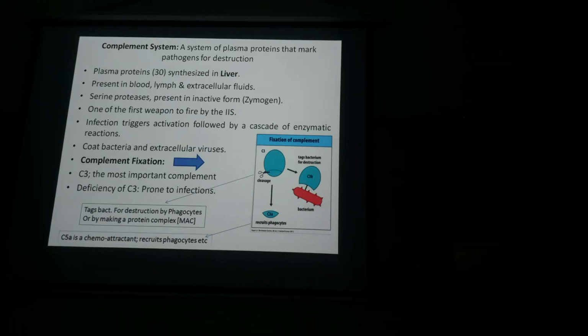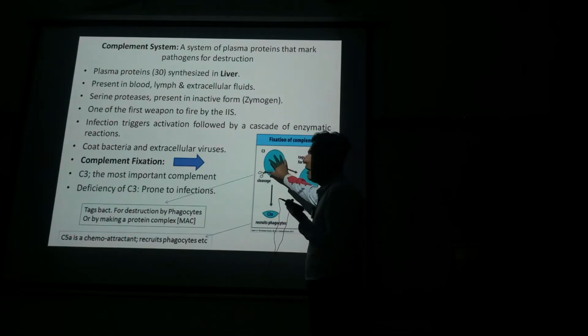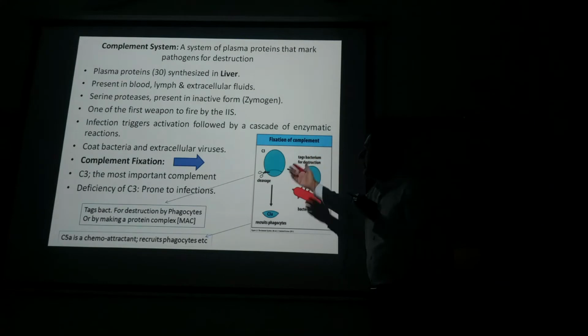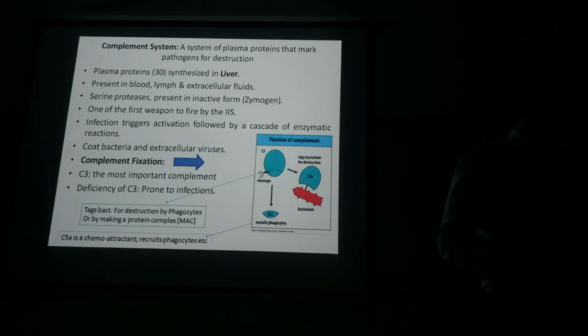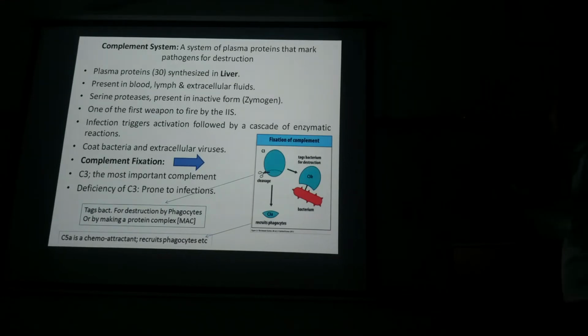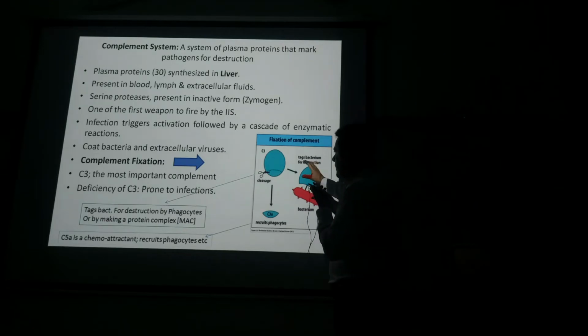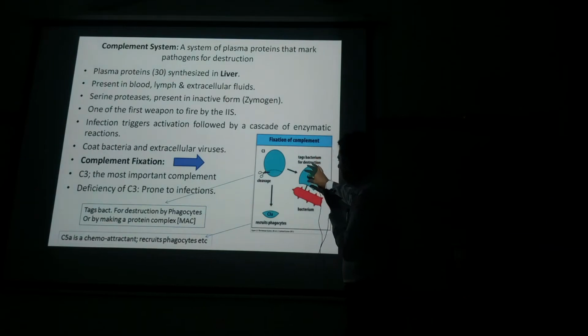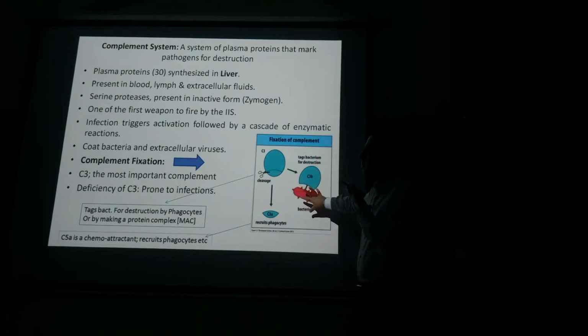So for instance, this is C3, the complement, and when this complement is cleaved into two parts, one is called C3b and the other is C3a. This complement is activated. Now one part of the activated complement, the bigger part, C3b, attaches to the bacterium.